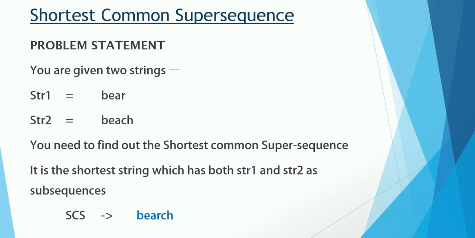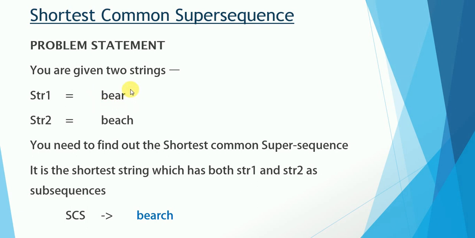When we are calculating the length of this shortest common supersequence, it is going to be the length of the longest common subsequence plus the length of the remaining characters, which is 3 in this case. Or we can say it is the length of string 1 plus the length of string 2 minus the length of the longest common subsequence.